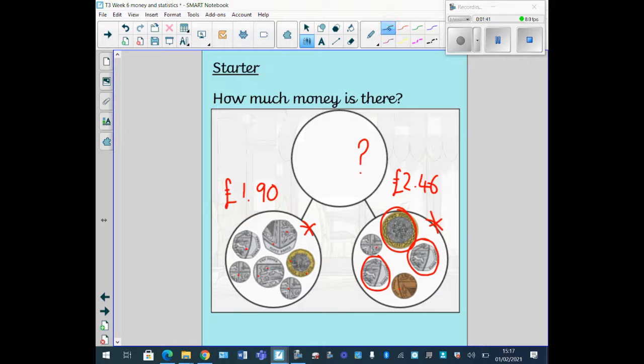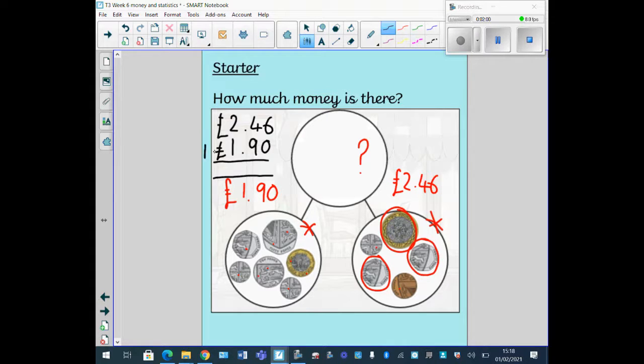Now, I'm going to use my skills from yesterday and do a little bit of column addition to find out my total. So I've got £2.46, add £1.90, equals.